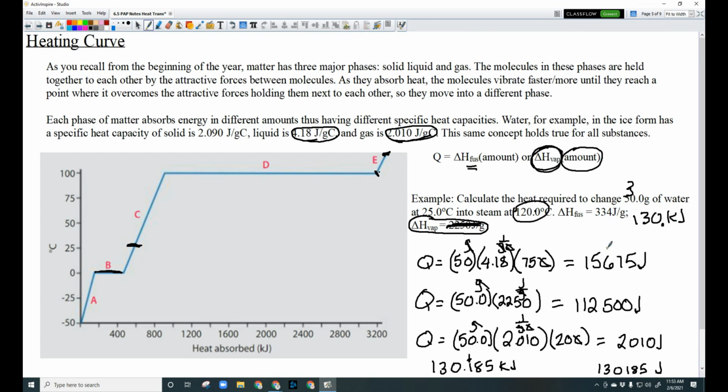Or if you wanted to have this in scientific notation, we do 1.30 times 10 to the second kilojoules. Either one of these could be your official answer. So that's heating up a substance that includes a phase change.